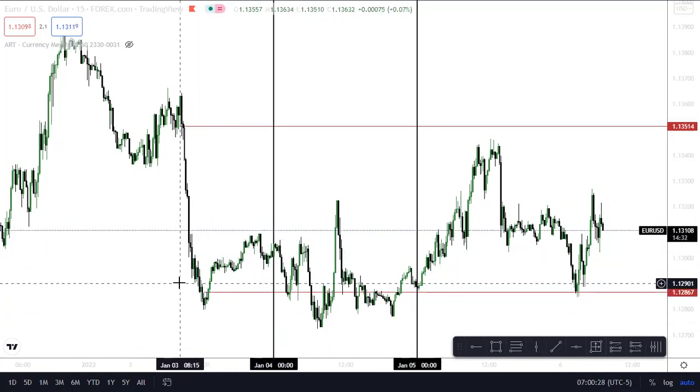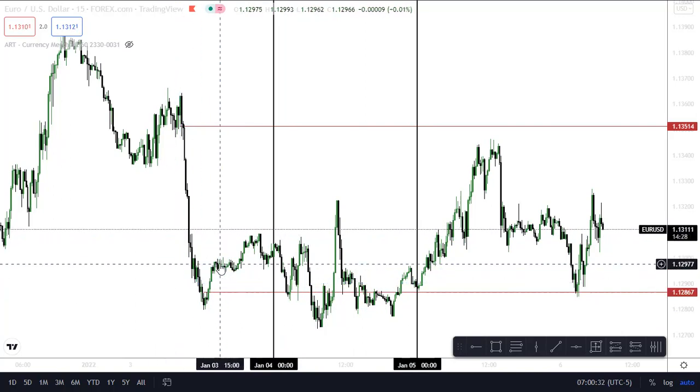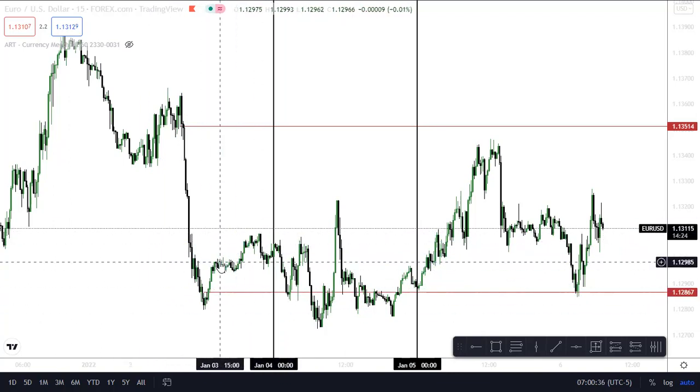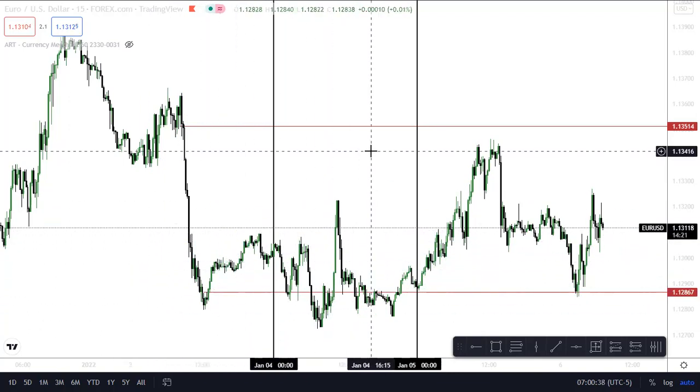And then based on how that range is delivered, it's going to take elements from that range and project it forward like a building block. And that's the idea of using projections, and why I personally just love using projections for not just targets and objectives, but for how I frame my entire trade setups.